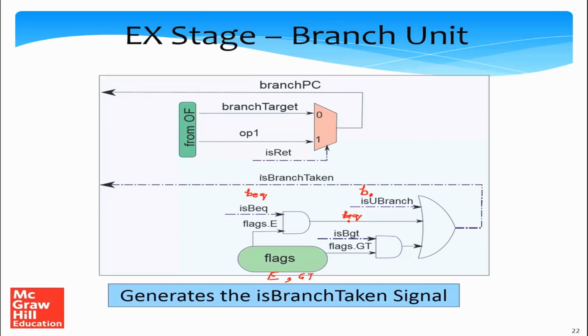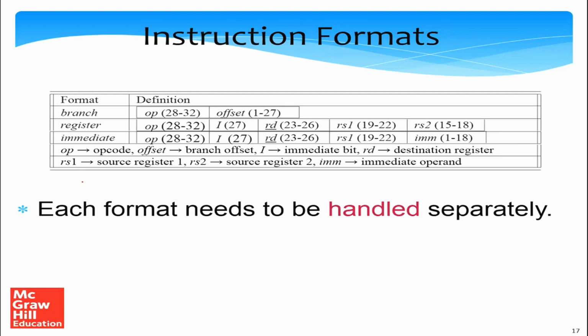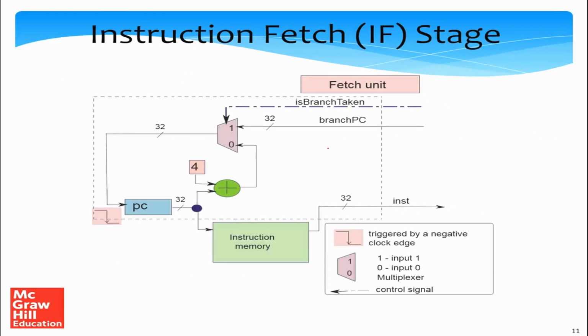Mind you, this control signal, branch taken, is going to the IF stage. Let me go back to the IF stage and show you where exactly it was being used. In the IF stage, this branch taken signal, which is coming from the EX stage, is being used to set the value of this multiplexer. So either we choose PC plus 4 or we choose the branch PC.